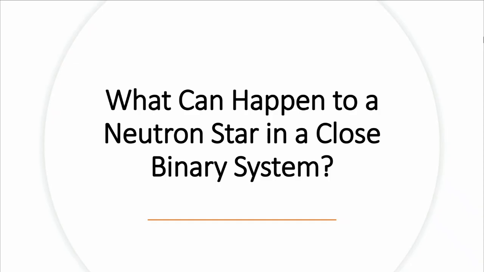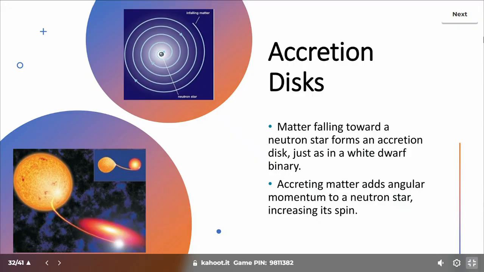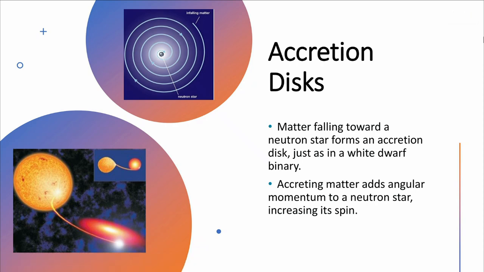Okay, so neutron stars can be in binary systems. So what happens to those neutron stars? Just like the white dwarfs, they can steal material from a companion star, and it will form an accretion disk around the neutron star.